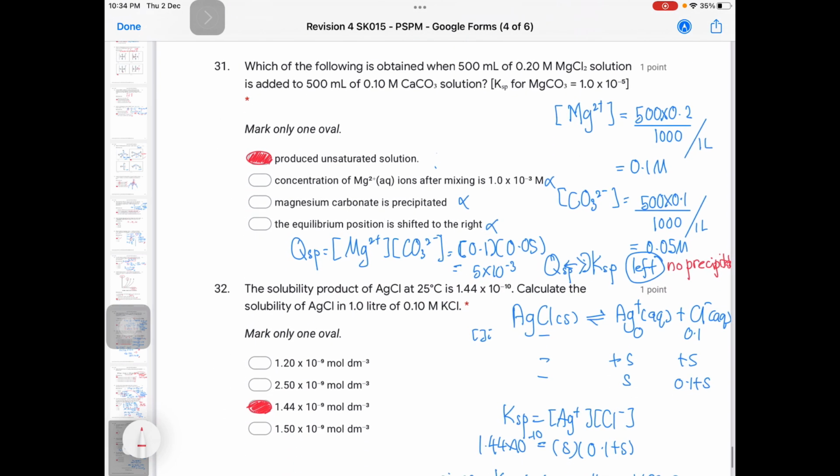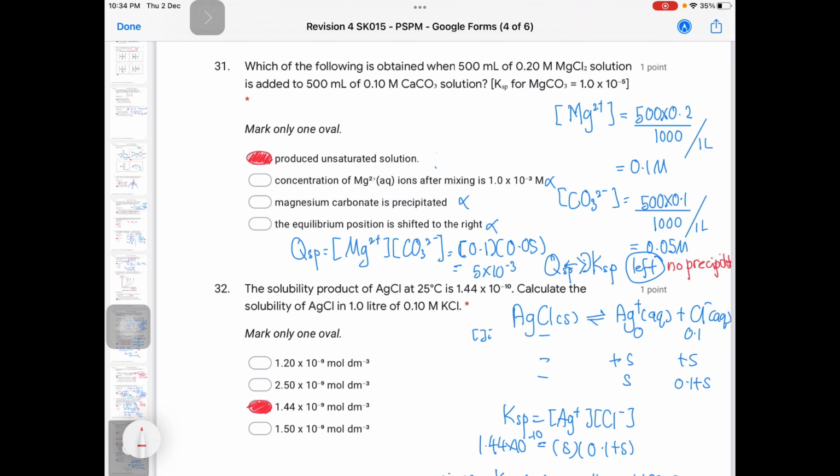Okay, number 31. Which of the following is obtained when 500 ml of 0.2 molar MgCl2 solution is added to 500 ml of 0.1 molar Na2CO3, which produces magnesium carbonate?